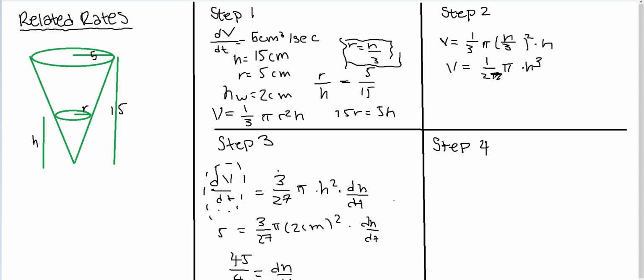Now, the fourth step would be understanding what's going on, because problems a lot of the time are going to ask you for specific details that you need. So the question asks at what rate the water level is rising, so it's important that we know that we're looking for dh/dt.